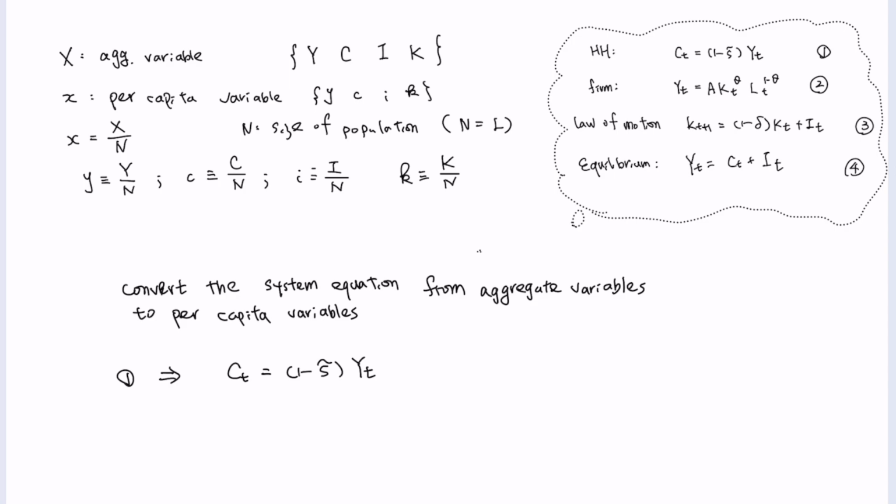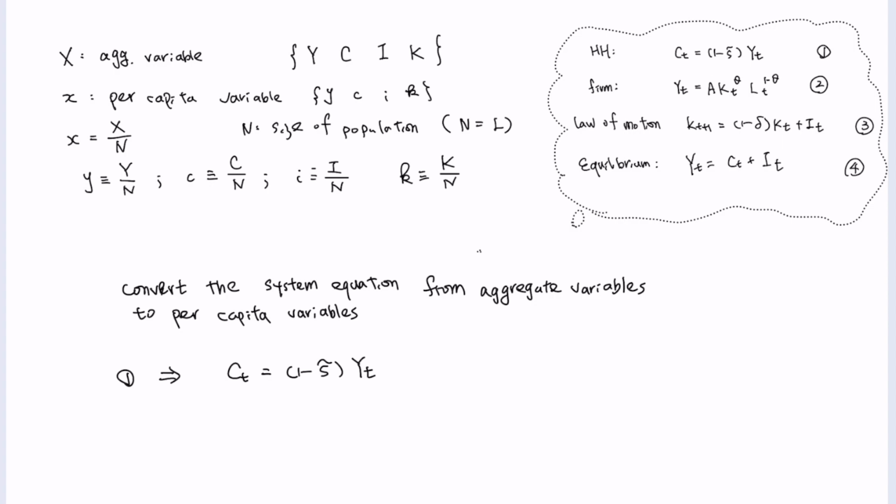Well, we know that if we want to convert the aggregated consumption into the per capita consumption, then we need to divide it by the size of population. When we want to convert the aggregated output into the per capita output, we also need to divide it by the size of the population.